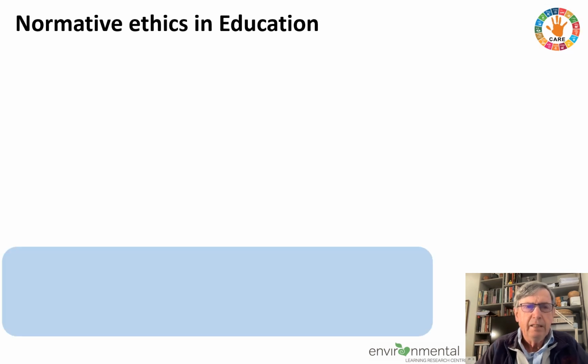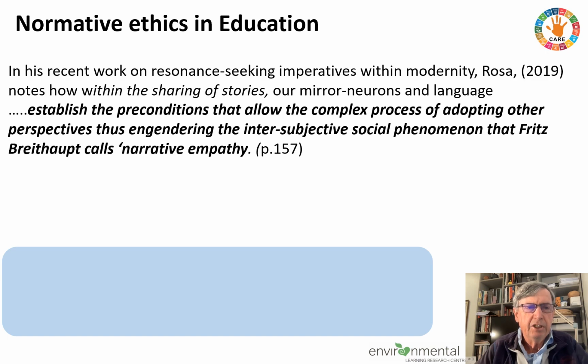Now, if we take this into normative ethics in education, in his recent work on resonance-seeking imperatives within modernity, Rosa, in 2019, notes how within the sharing of stories, our mirror neurons and language establish the preconditions that allow the complex process of adopting other perspectives, thus engendering the intersubjective social phenomenon that is called narrative empathy.